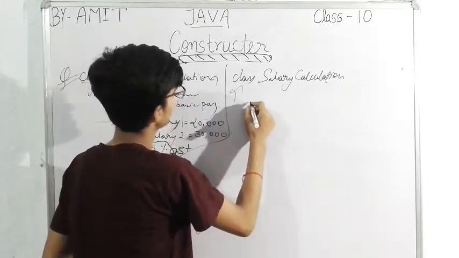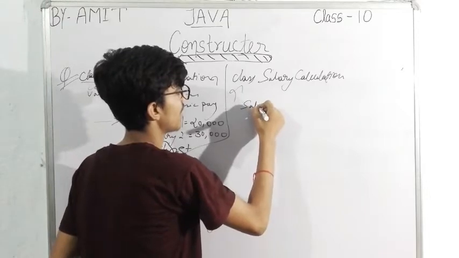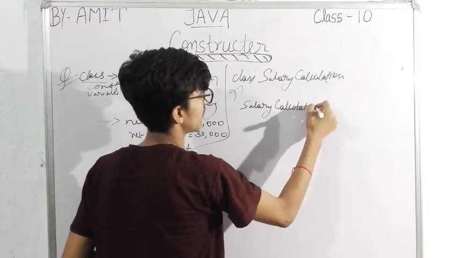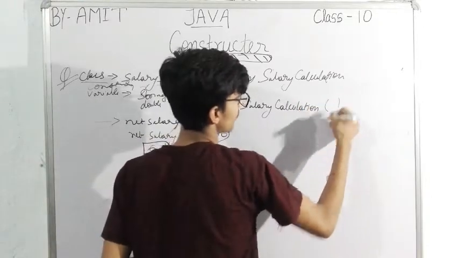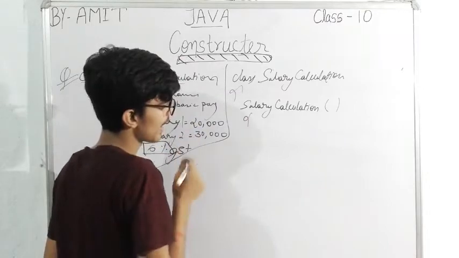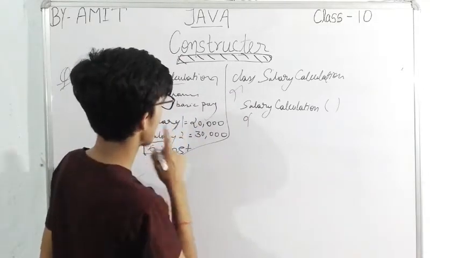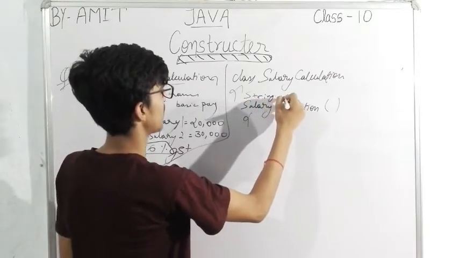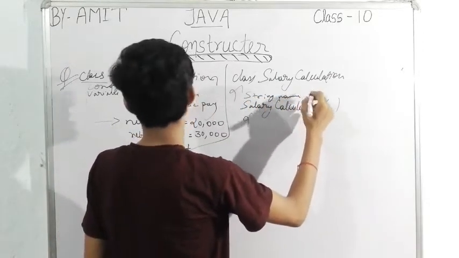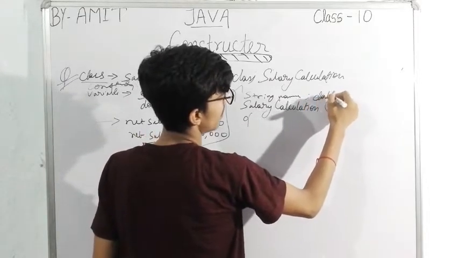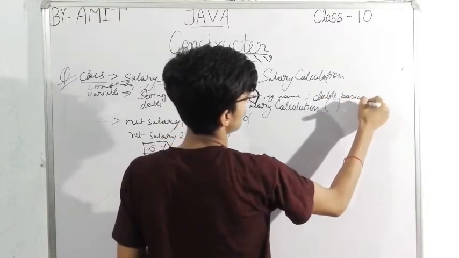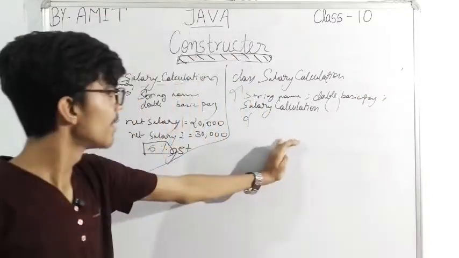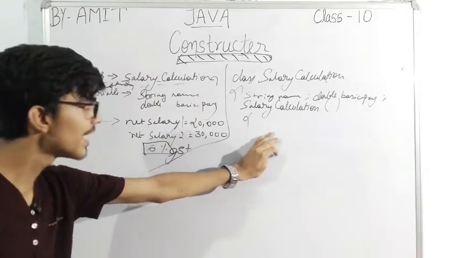So the constructor will be SalaryCalculation. Inside this we'll first declare String name and double basic pay. So we have declared it here.